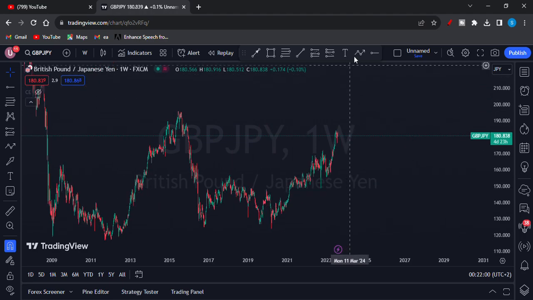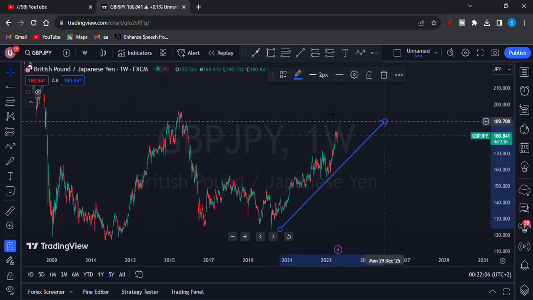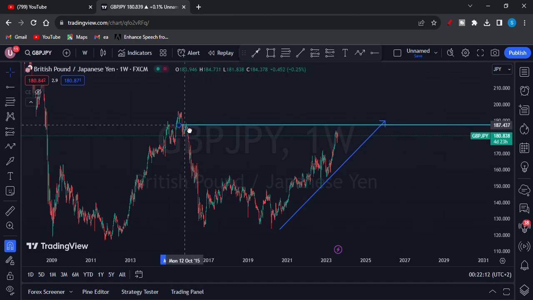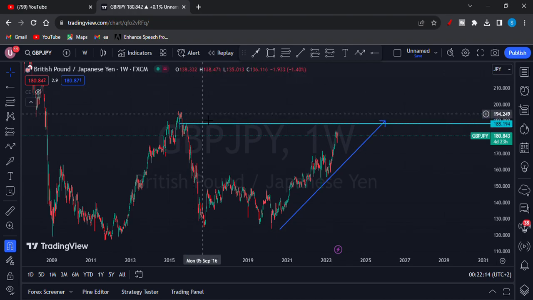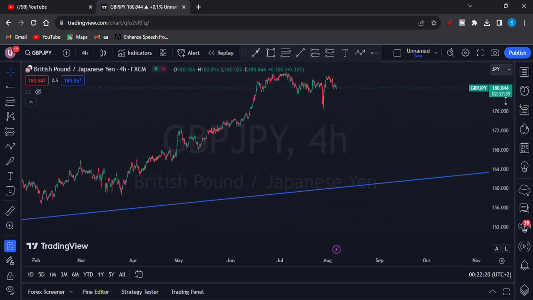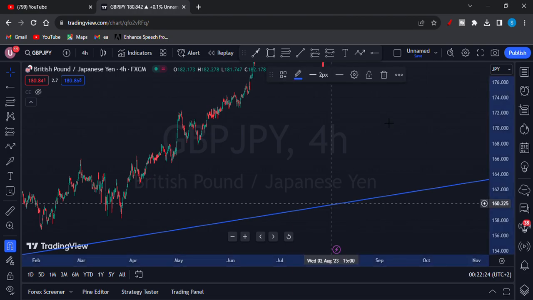So on a weekly, we are on an uptrend, and it seems like we're heading towards the price right here. Let's go to our 4 hour and find our support and resistance. Delete this.